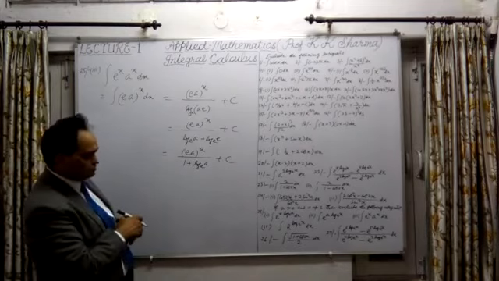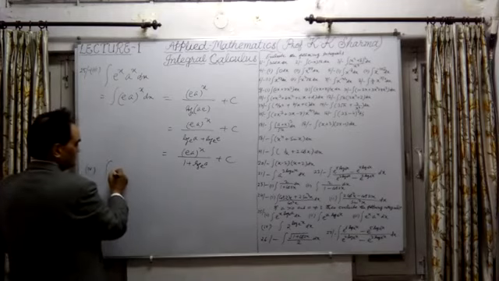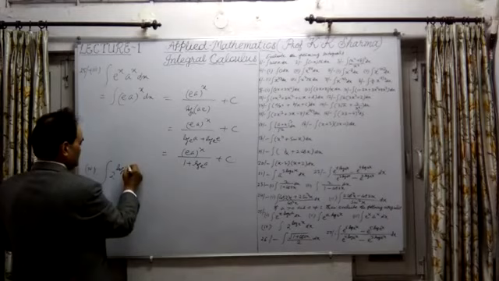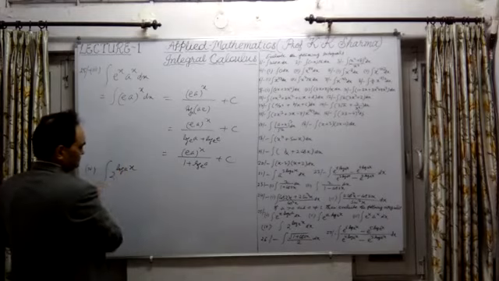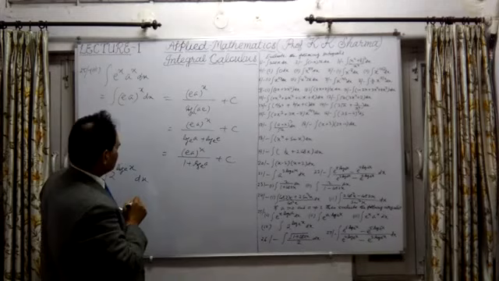Now let me take the fourth part. The fourth part of question number 25 says: the integration of 2 raised to the power log of x to the base e, dx.